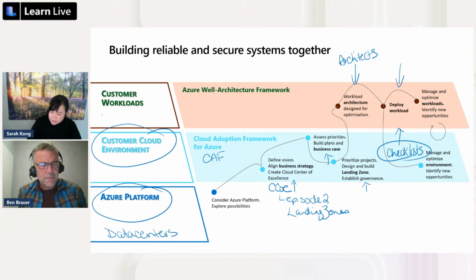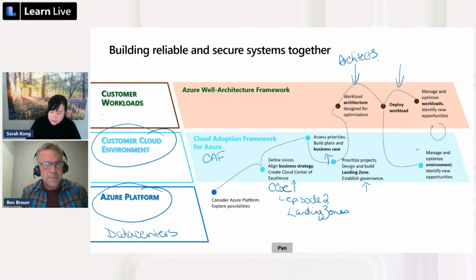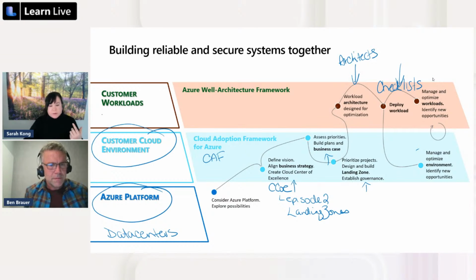I should mention here that I'm going to erase this part right here that I wrote in there, because the checklists actually reside as part of the well-architected framework, right? With your 5 pillars, which you'll learn about when you join us for episode 3, where we'll be talking about the well-architected framework.